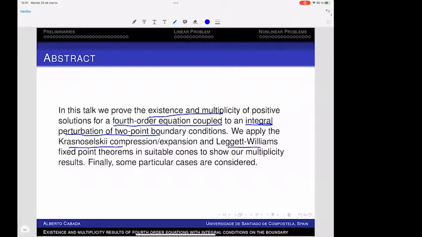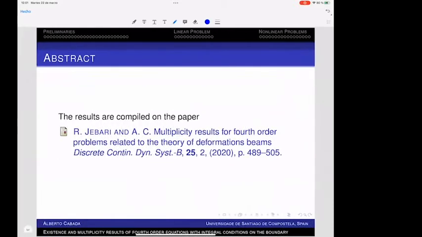I will show some examples. This is the paper that is compiled, with the results that I will talk about, with Professor Jebari.